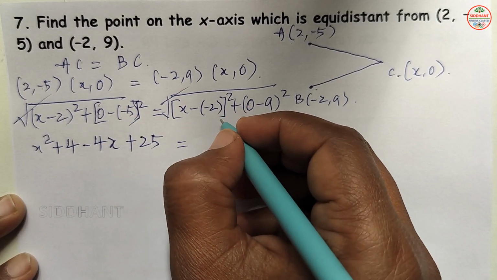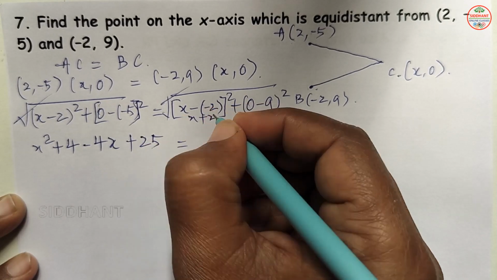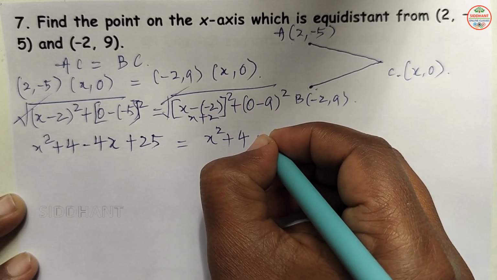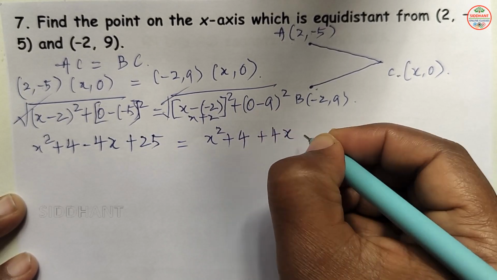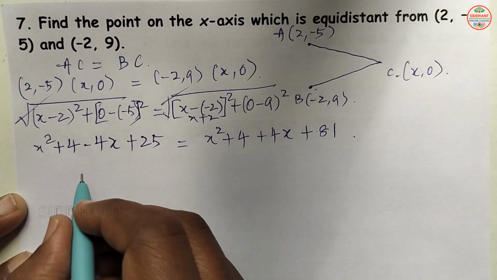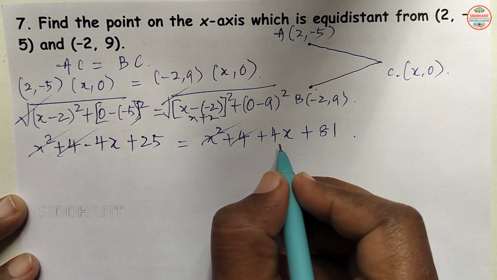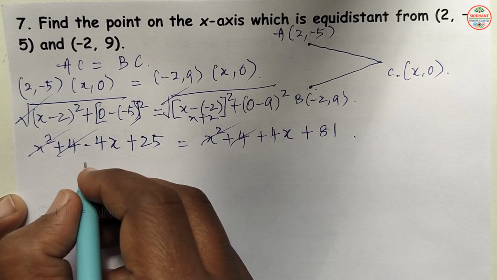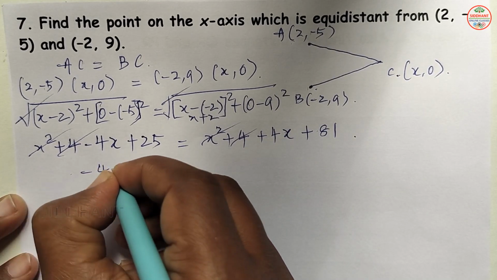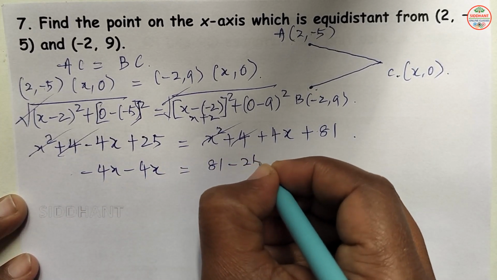Now for (x plus 2) whole square, we get x square plus 4 plus 4x, and plus 9 square, which will be 81. When we see both sides, the x square cancels and the 4 cancels. So 4x we shift to the left hand side, giving minus 4x minus 4x, and 81 minus 25.